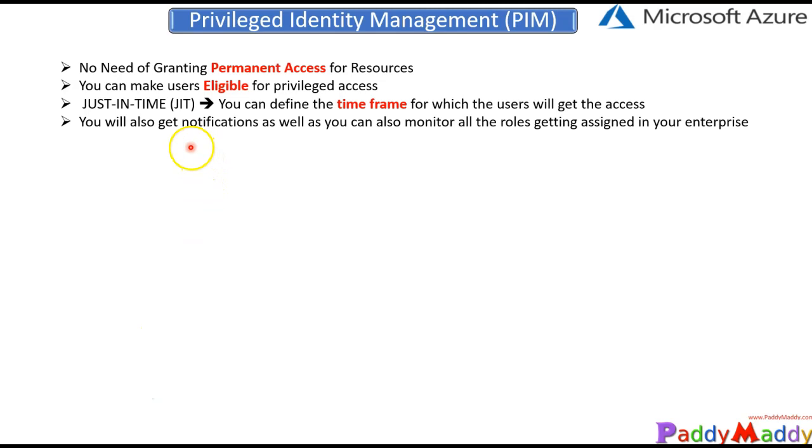You will also get some notifications. Let's say user 1 has requested Privileged Identity Management access within a time frame, and he is performing some change. As explained earlier, you also get the notification. When I say you, other global admins also know what is happening, and they monitor what kind of permissions or activities you are performing.